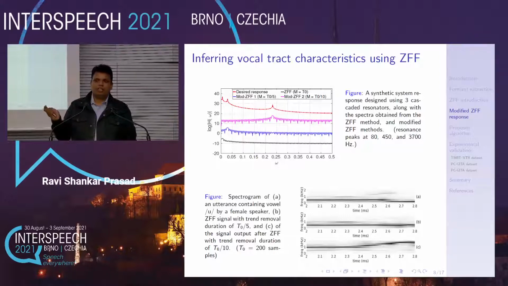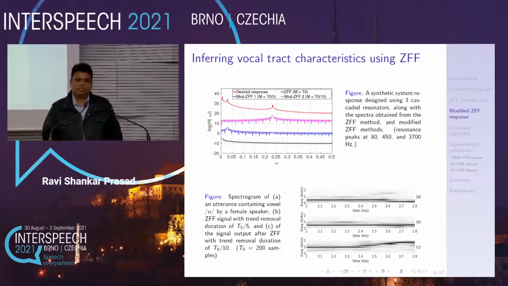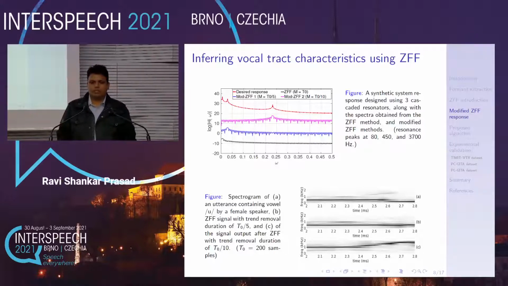So we also experimented on human speech, and in the lower figure we have spectrograms, where the first spectrogram depicts the regular DFT-based transformation, and the second and third, figures B and C, depict the first and the second trend removed components.